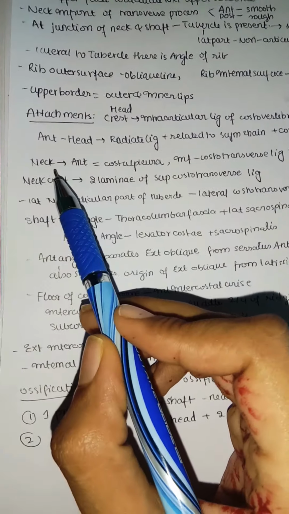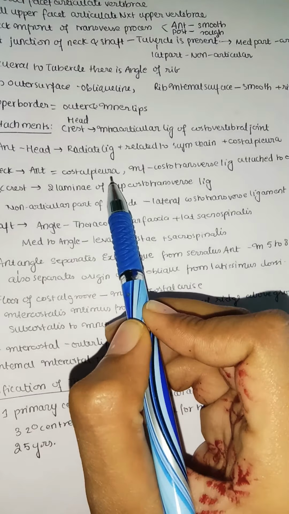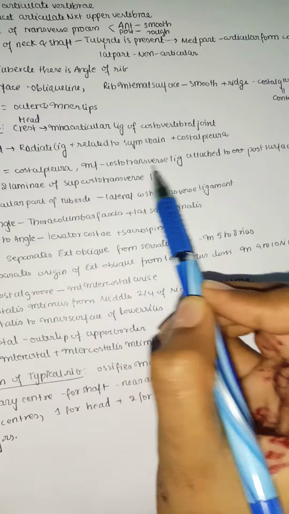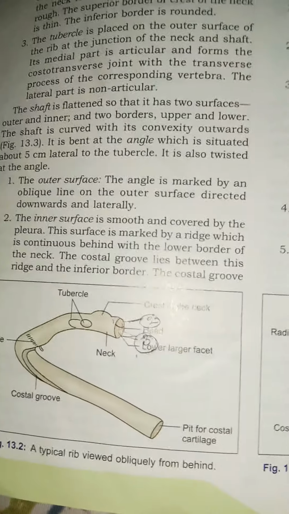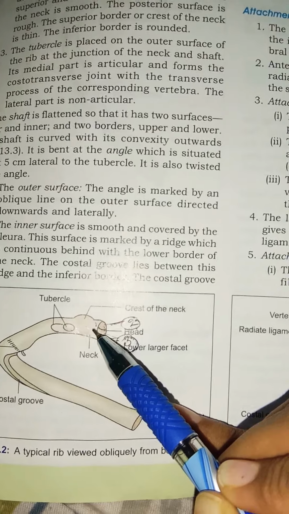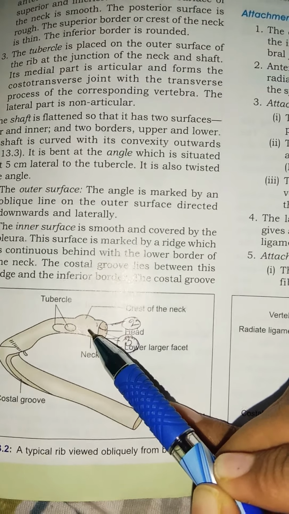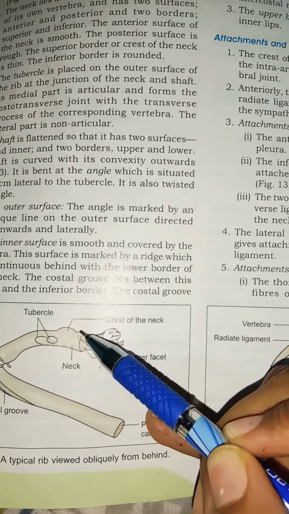And next you can see the neck. The neck anteriorly is also attached to the costal pleura, and inferiorly to the costotransverse ligament, which is attached to the posterior surface. So this is the posterior surface of the neck. In the anterior surface of the neck we mainly have attachment of the costal pleura, right?